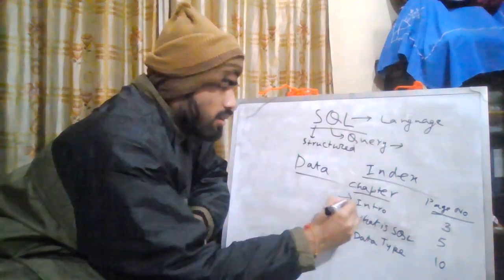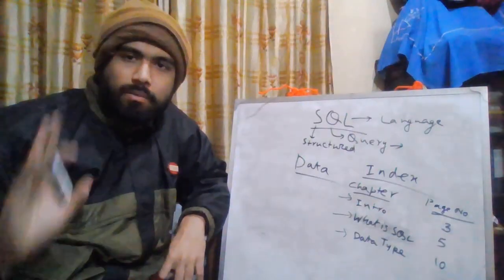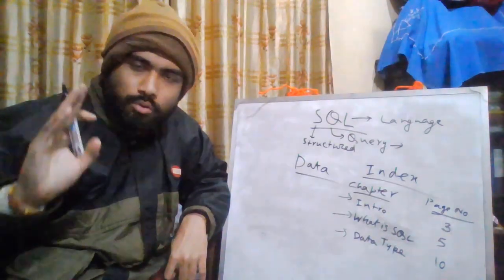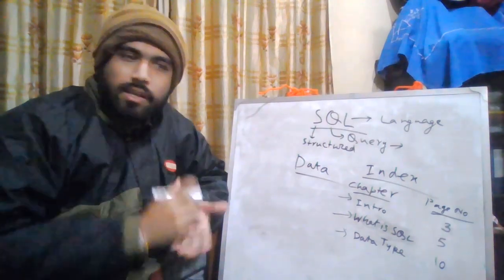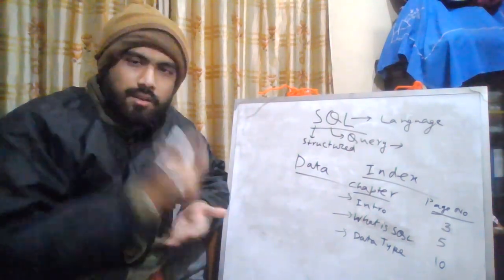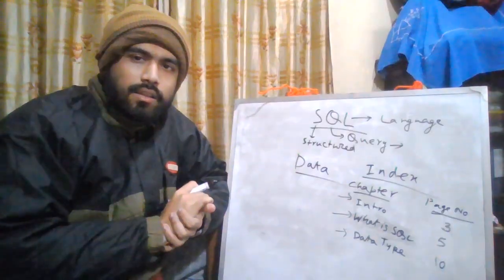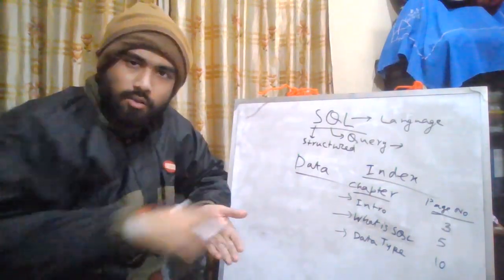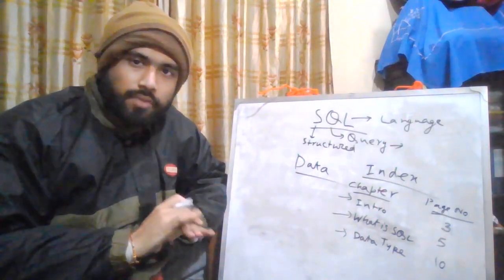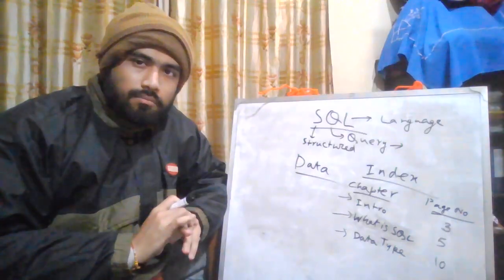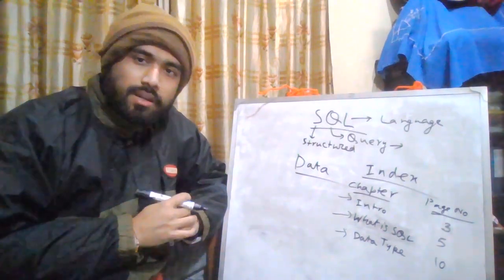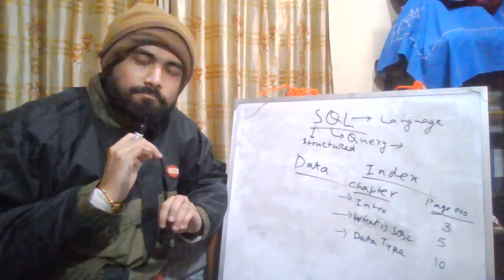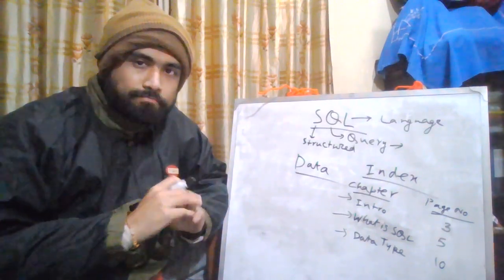Actually, we all know the concept of table, column, and rows. If we are given a table, we can tell that this is a table, these are the columns, and these are the rows. We may not write the correct definition, but we can identify what is column and what is row.